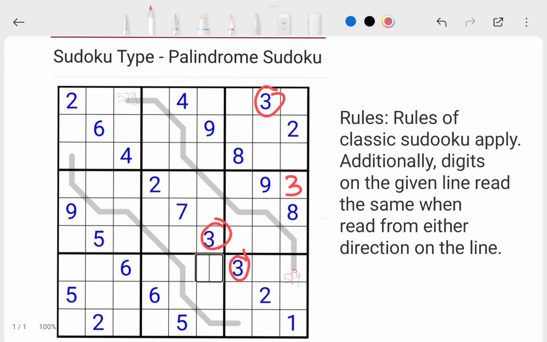Because of these two threes, 3 will come in either of these two cells. Now check the position in this palindrome line if 3 can come in any of these two cells. So if 3 is coming here, then according to the palindrome rule 3 must come here, but we cannot place 3 here. So simply we can eliminate 3 from these two cells, and now this is 3, this is 3.